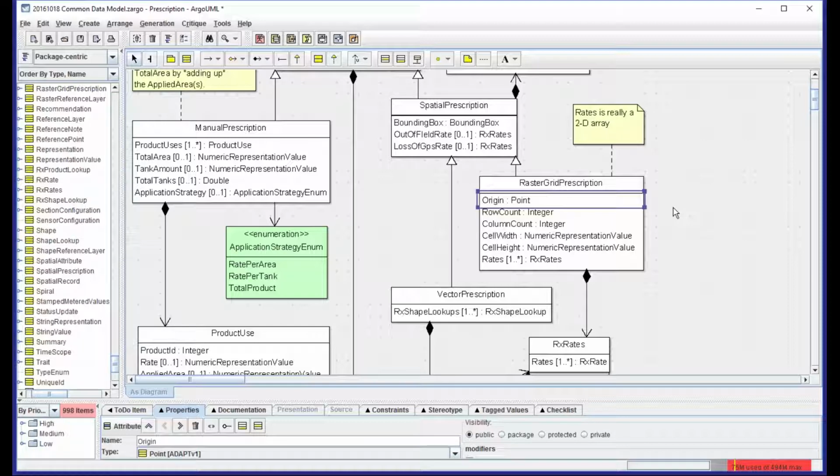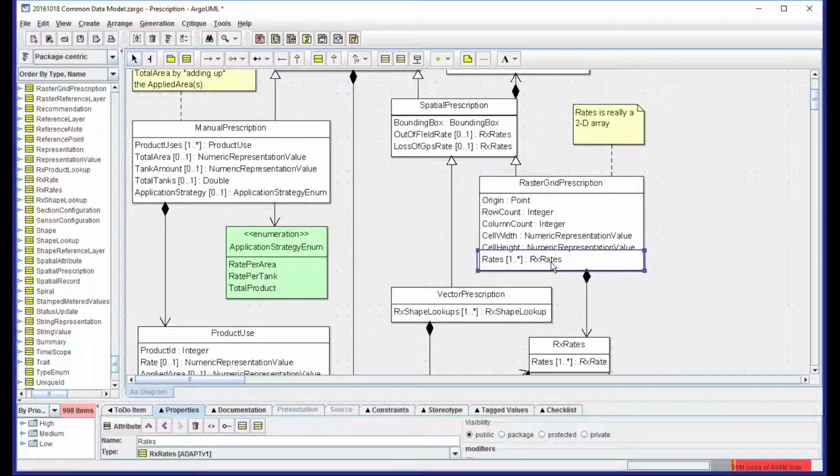And each cell width and each cell height is specified through a numeric representation value, which in this case would be a representation of length. And you have a certain number of rows and columns multiplied by the meters or feet in the width and height. We can understand not only how wide or how tall that whole grid is, but we can also place it in space by virtue of this origin.